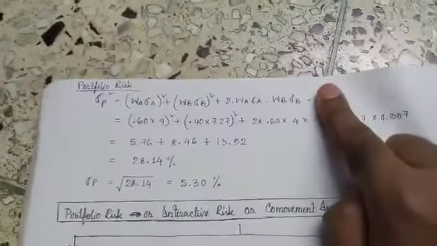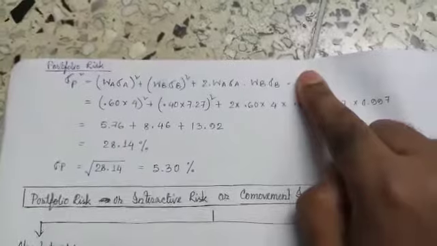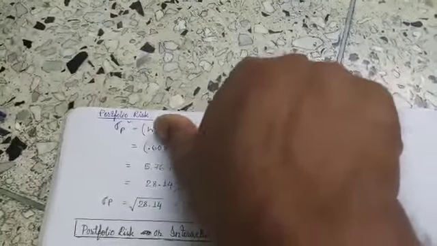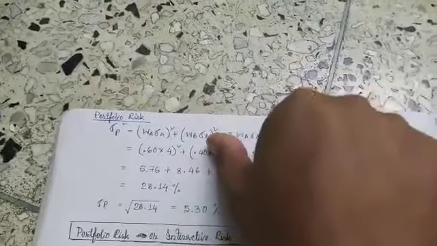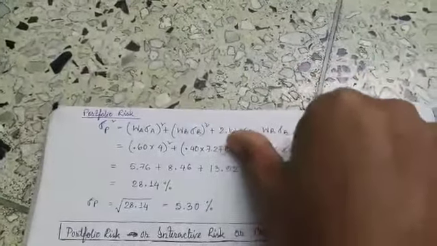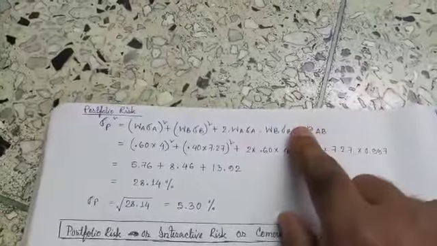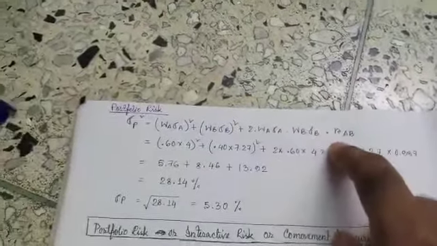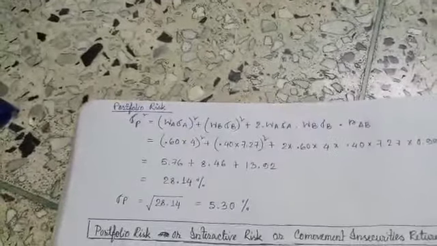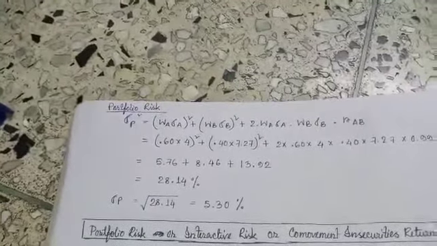If we eliminate this factor, then here it is A square plus B square plus 2AB. WA into sigma A whole square may be taken as A square, WB into sigma B square is to be taken as B square, plus 2AB, and with this we have to attach RAB. RAB means the correlation coefficient between two securities.